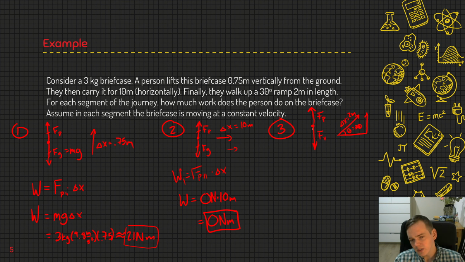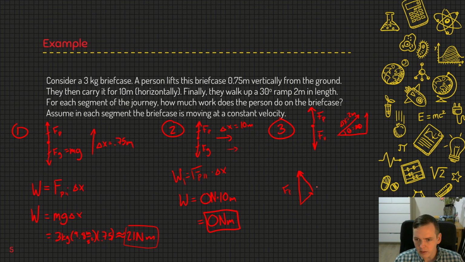So how much of this person's force is up the ramp? Well, let's figure that out. We have the vertical of their pull, and then we have some component up the ramp and some component out of the ramp.